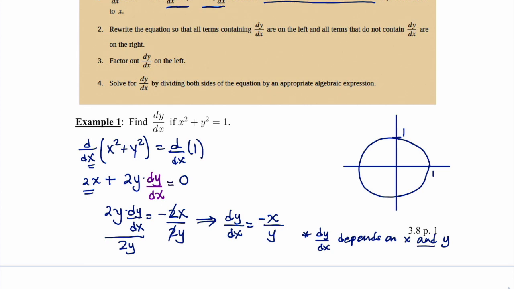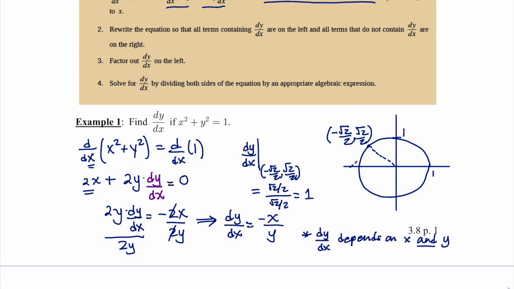Let's pick a point on the unit circle, maybe over here, a quarter way through quadrant 2, right? And that point on the unit circle would be negative square root of 2 over 2, square root of 2 over 2. So if we think about the slope at negative square root of 2 over 2, square root of 2 over 2, we will get the opposite of x, so square root of 2 over 2, divided by y, square root of 2 over 2, so we should get 1.